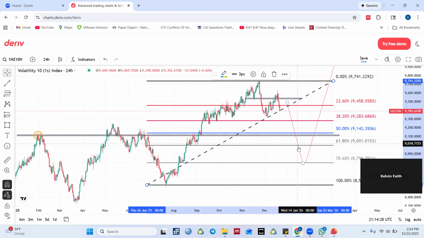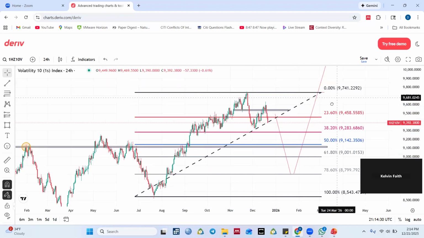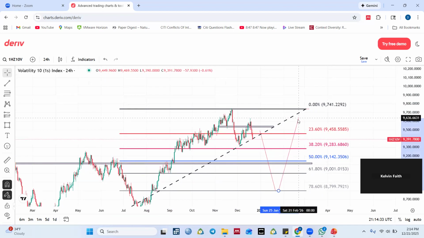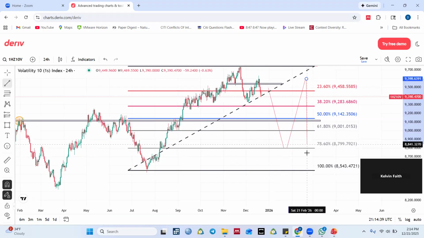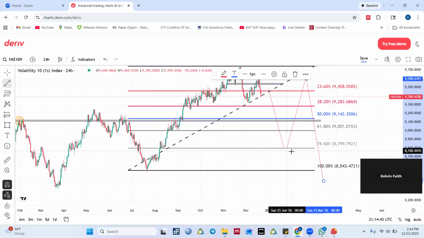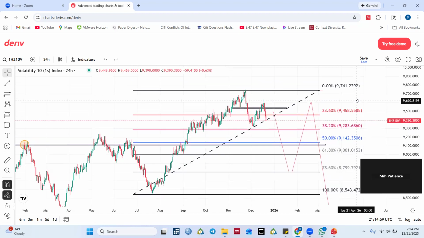Okay, if it now comes to make this pullback and goes up and maybe fails to make a new high, and then drops back to crash this low, then we can say there is an external or a valid break of structure or change of direction. Do you get the point?